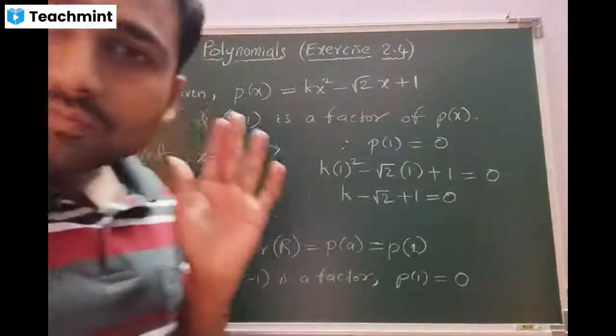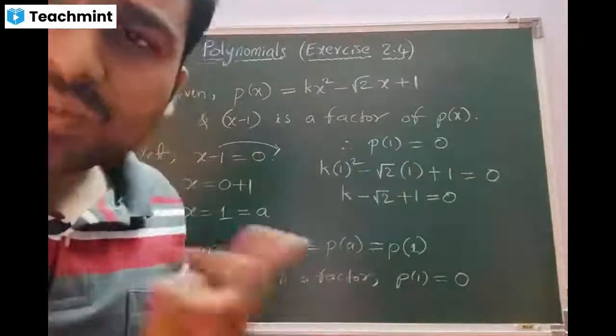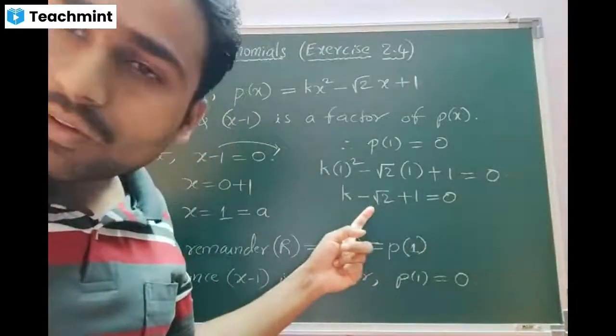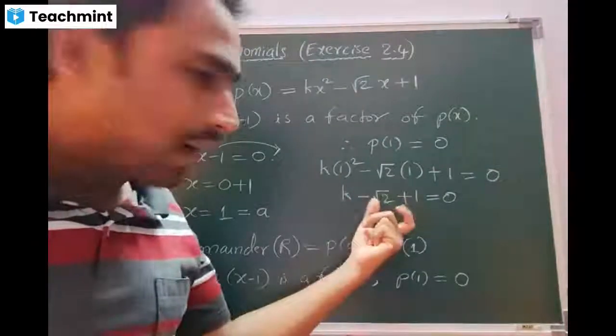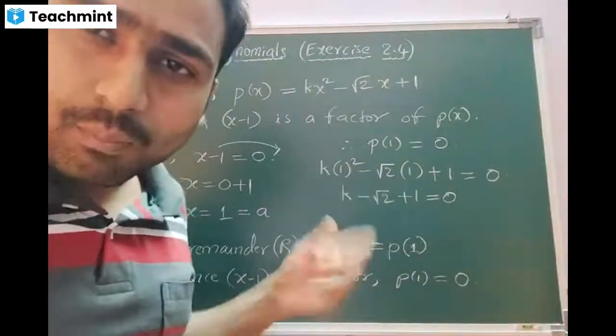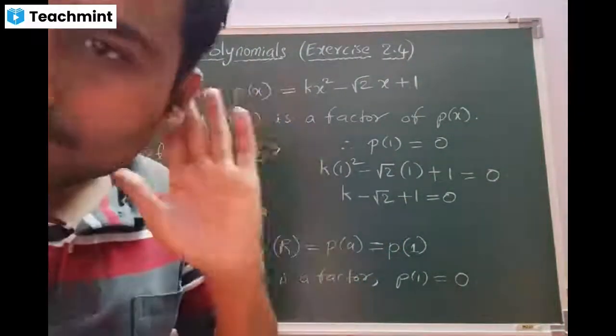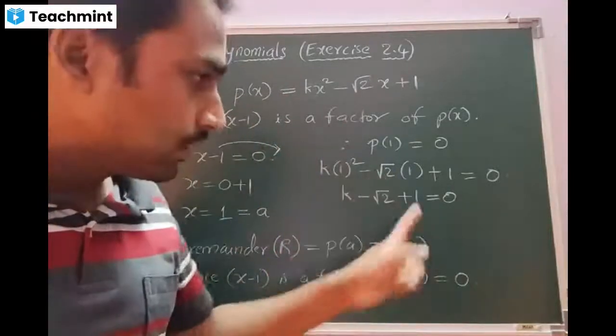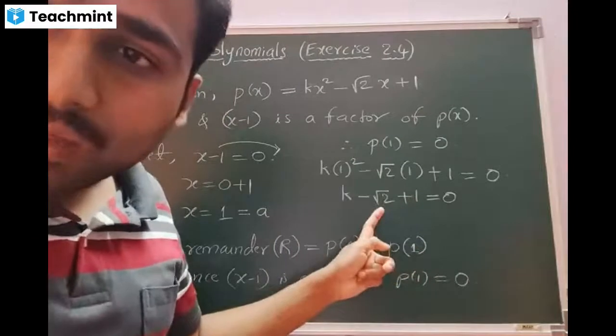So here a bit of confusion may arise because one is a rational number, the other one is an irrational number. We cannot add them, we cannot subtract them. Both are different. Correct? If you remember, one is Manava, the other one is Danava.